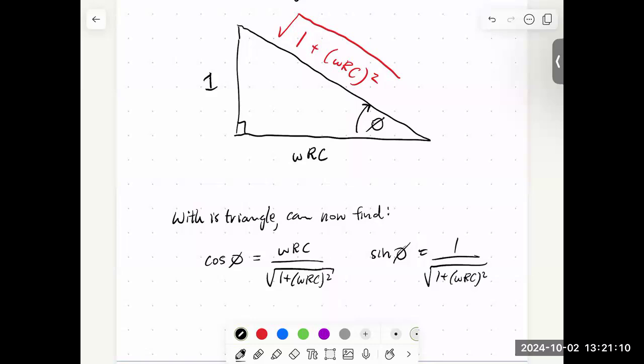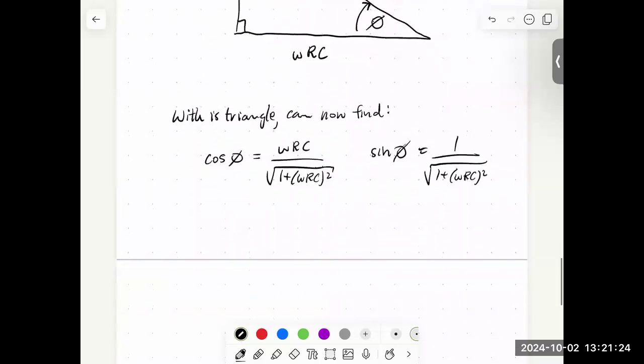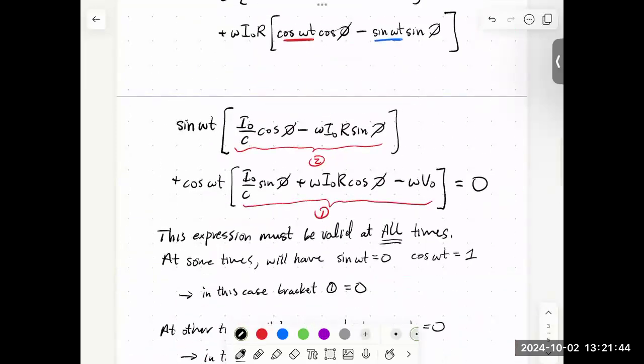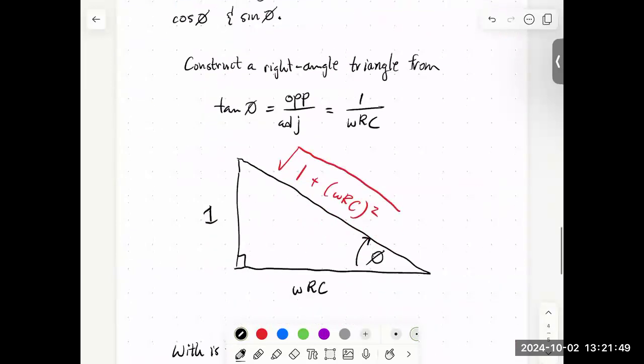All right. So now we can go back to equation 1, and we can substitute in these expressions for cos phi and sine phi. So let's sub these expressions into 1. I need to remind myself of what equation 1 was. Where did it go? There it is. So it's I naught over C sine phi.